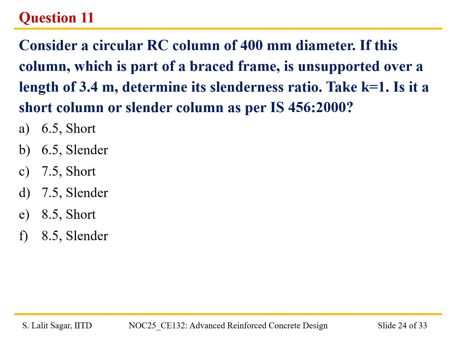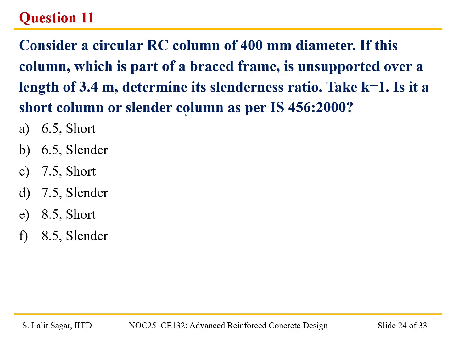We have a circular reinforced concrete column of 400 millimeter diameter. If this column is part of a braced frame and it is unsupported over a length of 3.4 meter, determine its slenderness ratio. For determining the slenderness ratio, we can take the value of K, or the effective length factor, as 1.